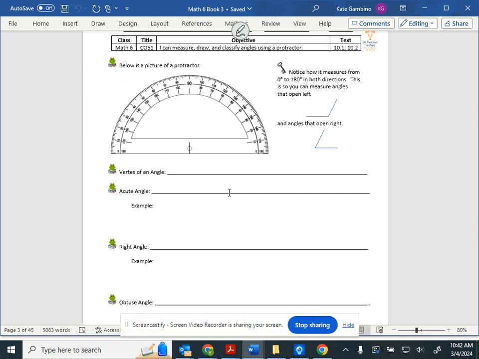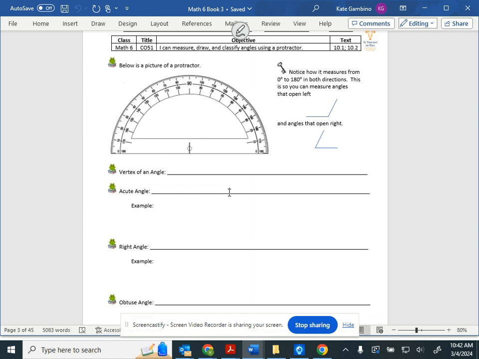Our protractor measures the degrees of our angles. So with a ruler, it could be inches, it could be centimeters, it could be different types. Degrees are degrees are degrees. Everybody uses the same measurement around the world with degrees. We will notice how it measures from 0 to 180 in both directions.